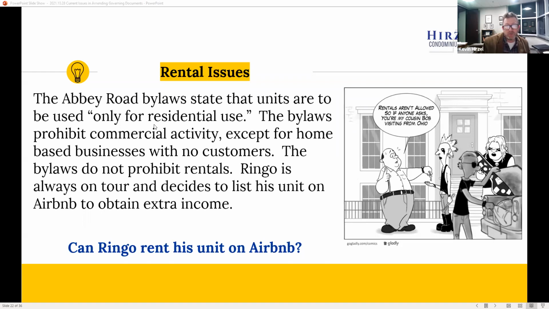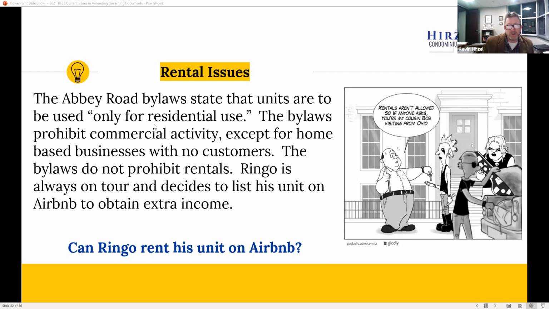It's going to be more difficult to prohibit it if the primary use of the home is for residential purposes, if the main purpose of the use is for residential use, but there is only incidental use for short-term rentals, then it may be possible for Ringo to get it through in that case, as long as he's not inadvertently considered commercial activity.